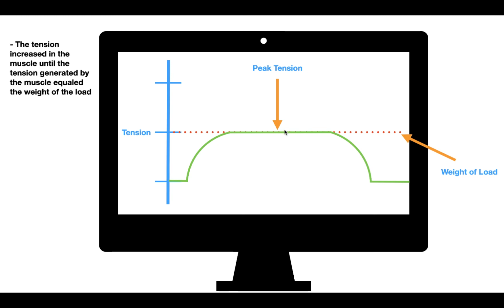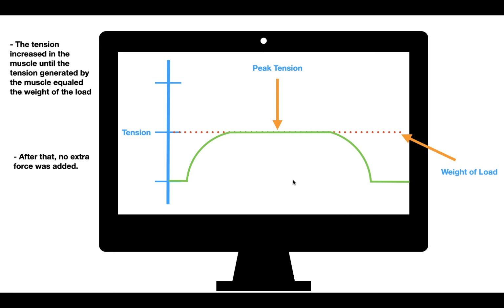So in other words, the tension increased in the muscle until the tension generated by the muscle equaled the weight of the load. And after it reached this tension, no extra force was exerted by the muscle. So this right here is telling you that if a muscle has a load attached to it, and if the muscle is able to lift that load, the amount of tension generated by that muscle is going to be equal to the weight of the load.